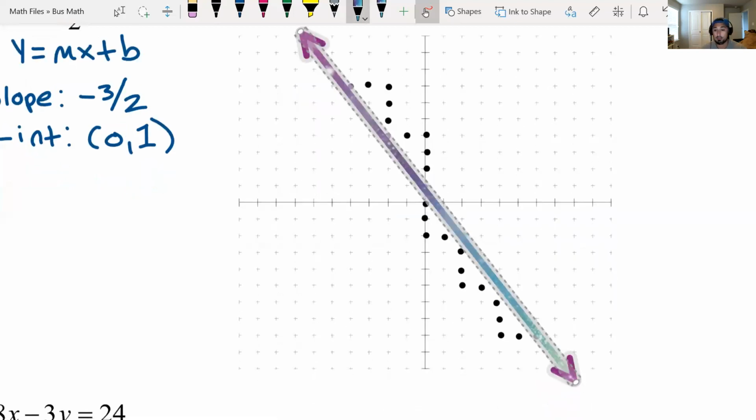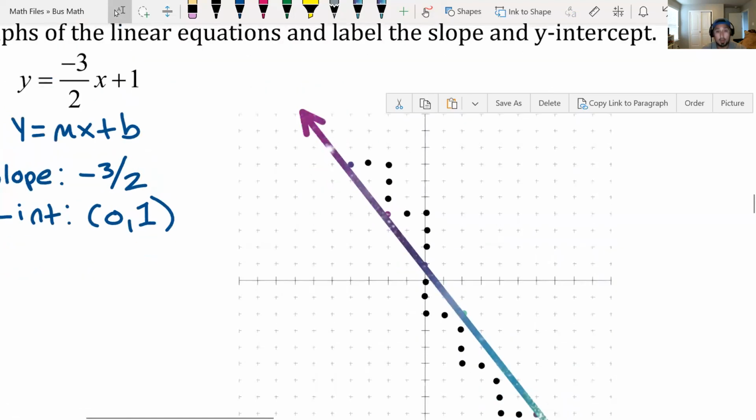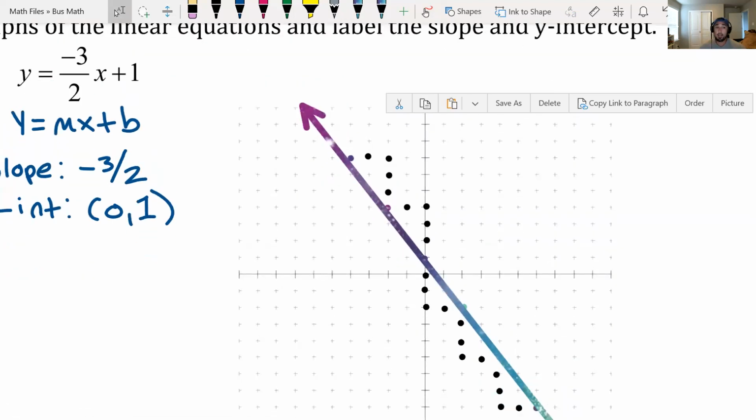Just like that. Yeah, close enough, right? Okay, perfect. And there it is. There's the graph of our line by using the slope and the y-intercept.